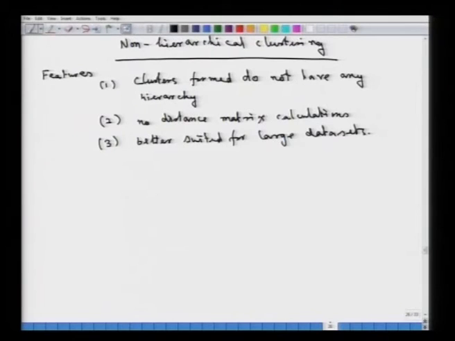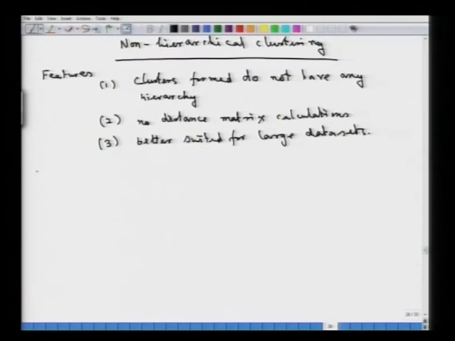Hence the output will be so cumbersome for a hierarchical cluster analysis. It is better suited to use non-hierarchical clustering, where we do not talk about any hierarchy in the formation of the clusters.